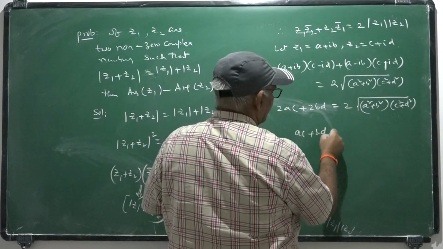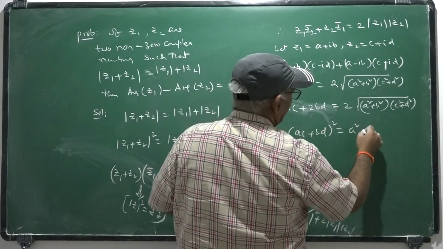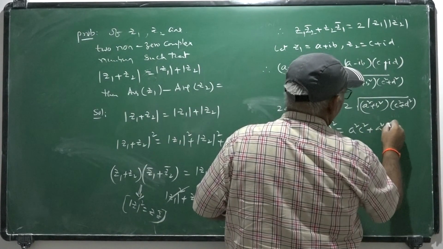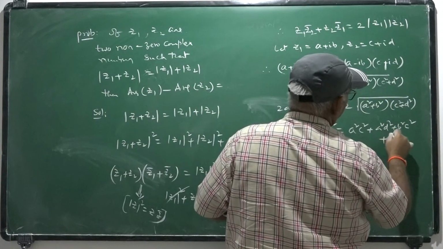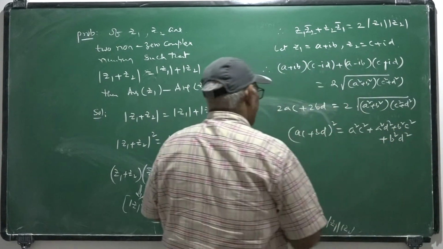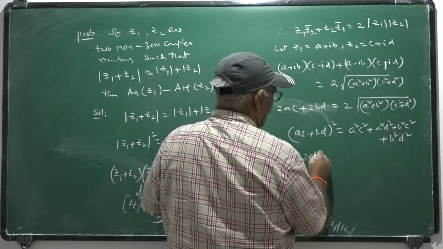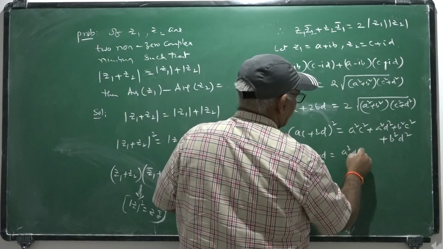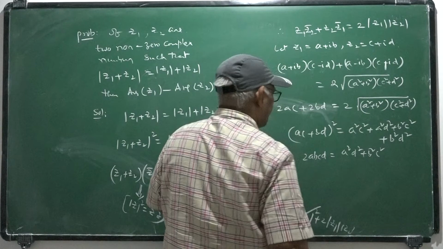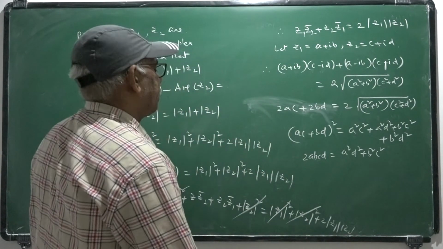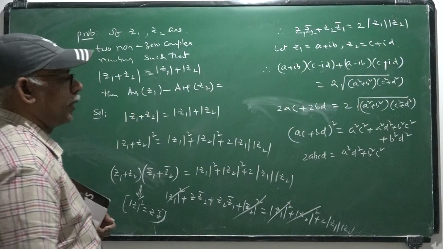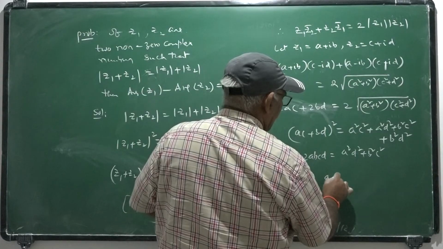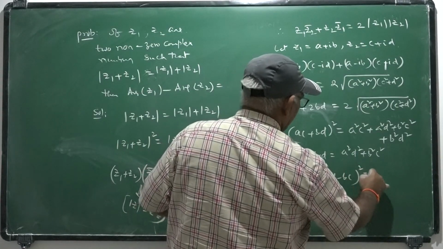That gives us (ac plus bd) whole square equal to a square c square plus a square d square plus b square c square plus b square d square. Now again squaring, it will cancel and it will cancel, so 2abcd equals a square d square plus b square c square. That may be written as (ad minus bc) whole square equal to 0.